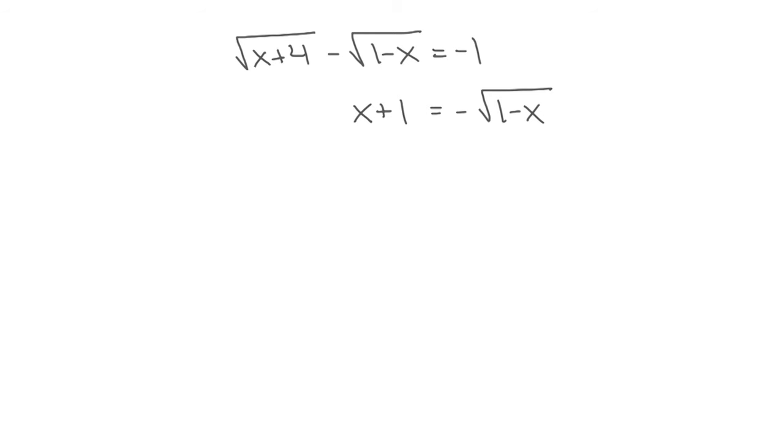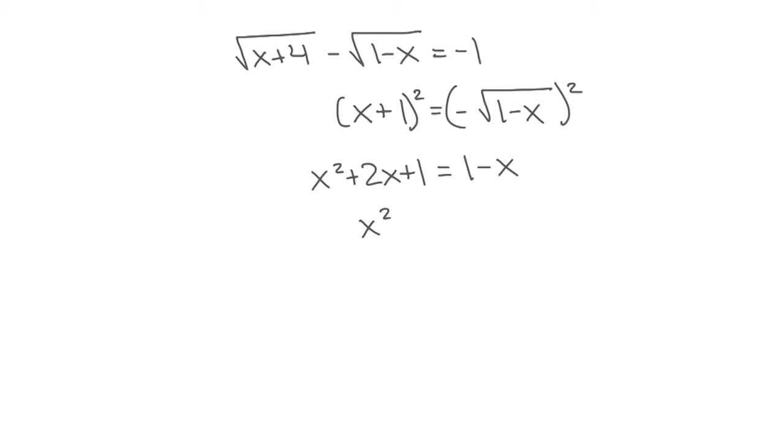We've isolated the remaining radical expression on the right side of the equation, and so we'll square both sides of the equation yet again. When we do that, we have x squared plus 2x plus 1 is equal to 1 minus x. Now we'll write the equation in standard form in order to solve. So we add x and subtract 1 from both sides of the equation.